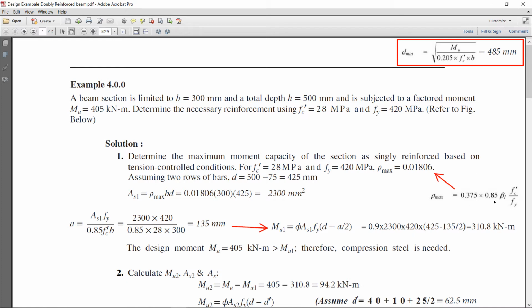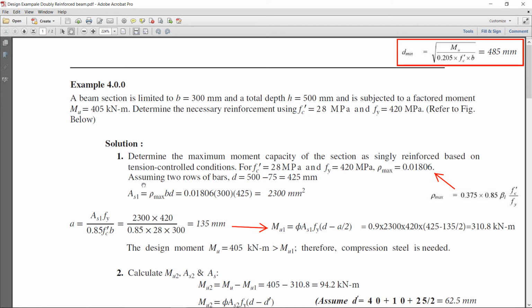It is 0.375 multiplied by 0.85 multiplied by beta 1, that is 0.85, times fc prime 28 megapascal divided by fy. We got the rho max value 0.01806 as per tension controlled conditions of a singly reinforced beam. We are taking this just as a starting assumption.